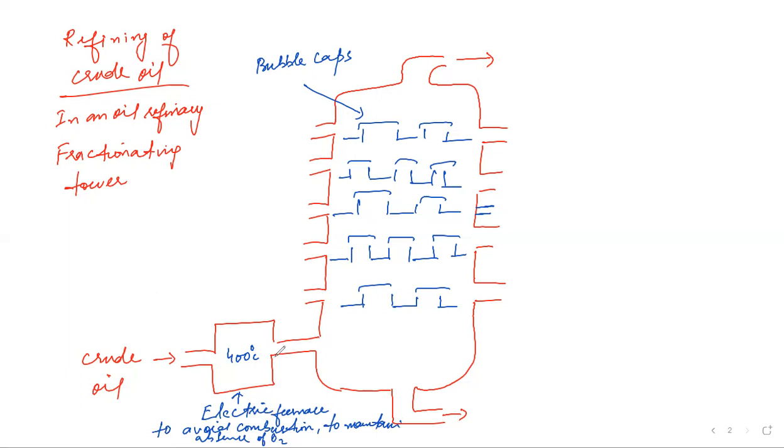So Sahil, when it is heated to approximately 400 degrees Celsius, crude oil is introduced from the lower part of the fractionating tower. The height of the fractionating tower is approximately 100 feet or more. Gaseous fractions start rising up the tower, while those fractions whose boiling point is higher than 400 degrees Celsius move towards the lower part of the tower.